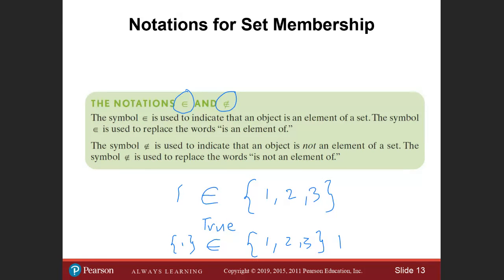So your answer would be false in that case, because you put the braces and that's actually now a set. So 1 is inside that set, which is not an element. That would now be false. Otherwise, it will become true if you use the symbol like this. If you use that symbol, then it becomes true.